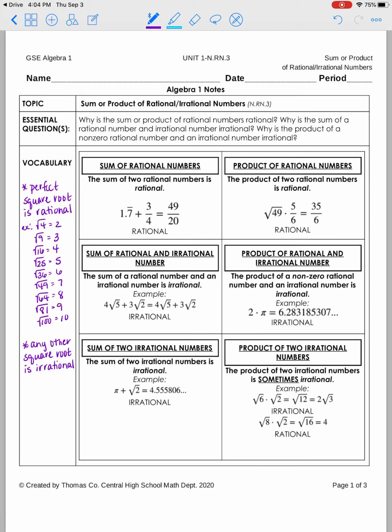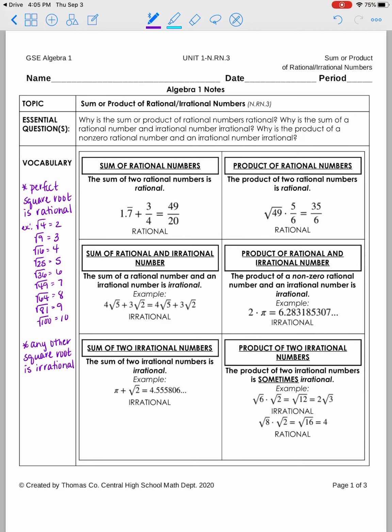So we're going to be looking at the sum and the product. Remember, sum means to add, product means to multiply. So if I'm adding two rational numbers, what will my answer be? Will it be rational or will it be an irrational number? So if I take, and this is just an example, you can take your calculator or something, 1.7 repeating, which is rational because it repeats, and I add 3/4 to it, which is a fraction, I get out the number 49 over 20.